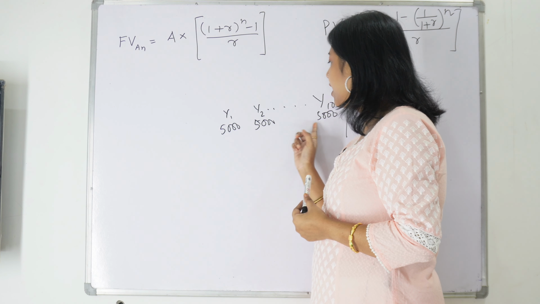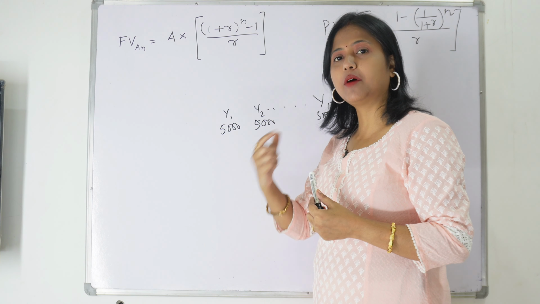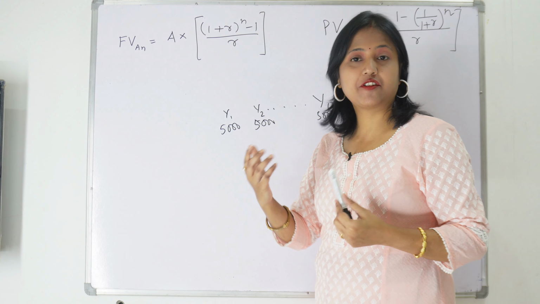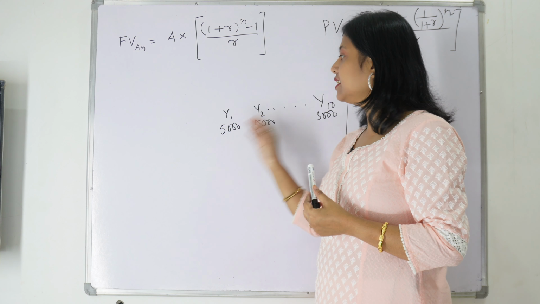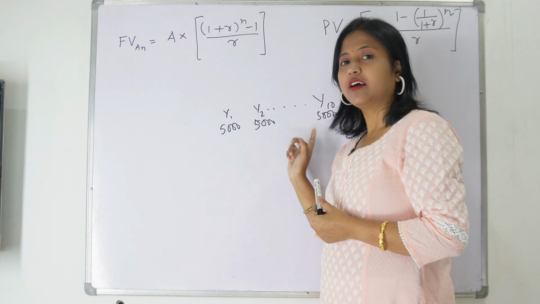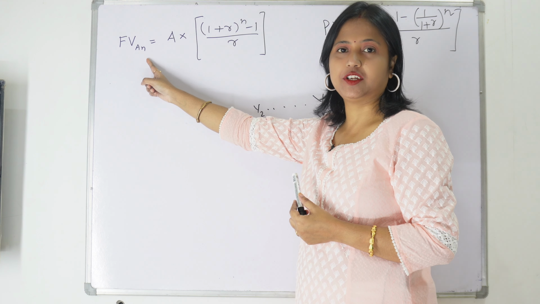When the same amount is recurring at a regular or periodic interval, you need not do it separately. Rather, you may use the formula of future value of annuity.